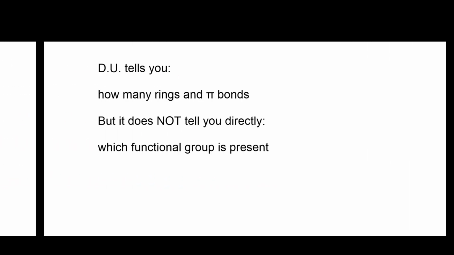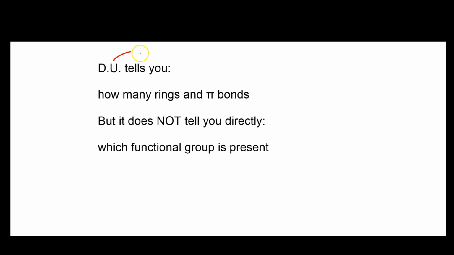Degree of unsaturation is useful, but it is only one clue, not the full answer. It tells us how many rings and pi bonds are present, but it does not directly tell us which functional groups are present. We still need NMR, IR, chemical tests, or other evidence to confirm the exact structure of the molecule.